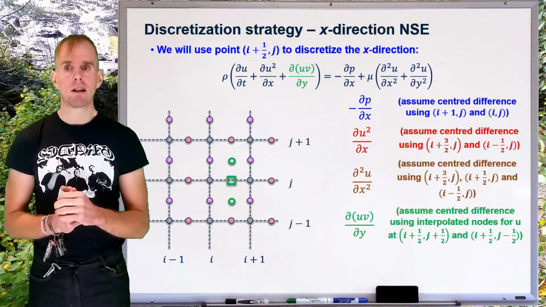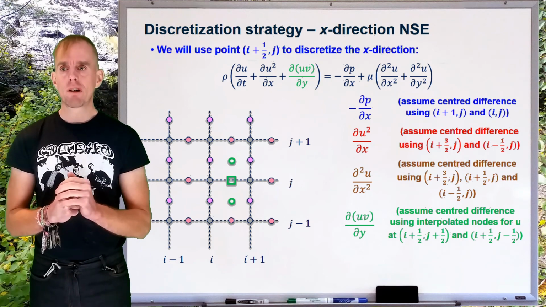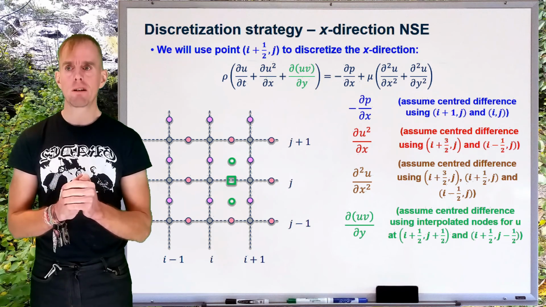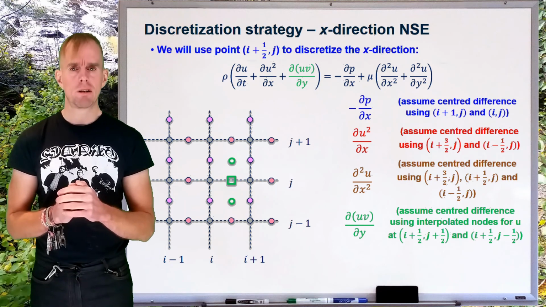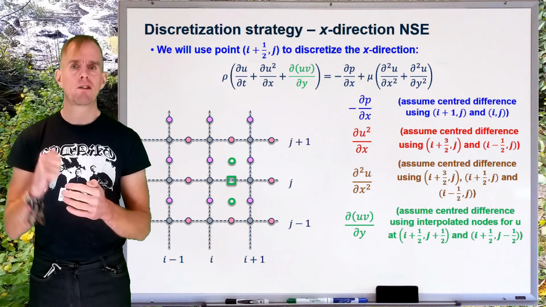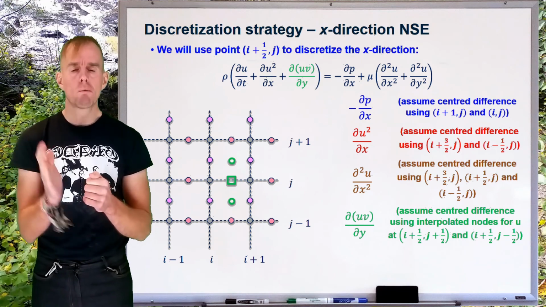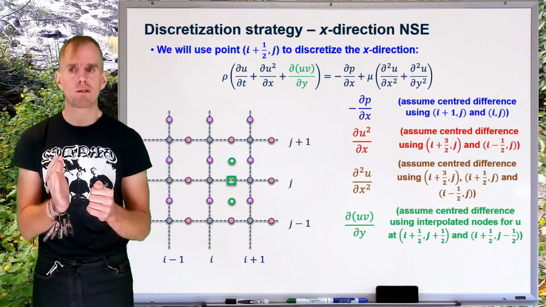So here in green I've written the derivative down, it's at the bottom of this list, and so I'm going to have to interpolate one of the directions, because if we think of the y direction, we know the y direction variables are stored at i comma j plus 1/2, i comma j plus 3/2, and so there's no y direction information at half node spacings in the x direction.